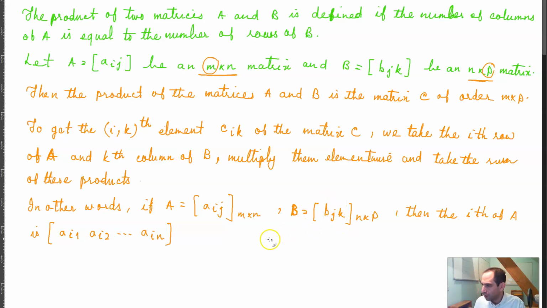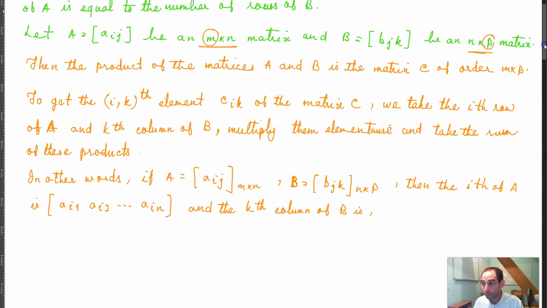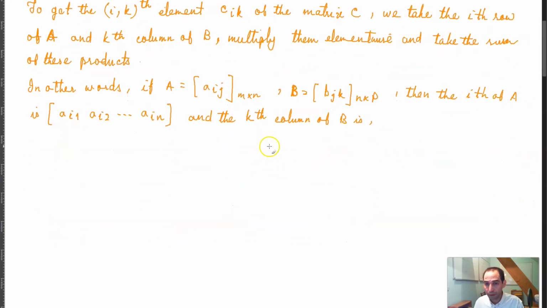And the kth column of B is a column like this.